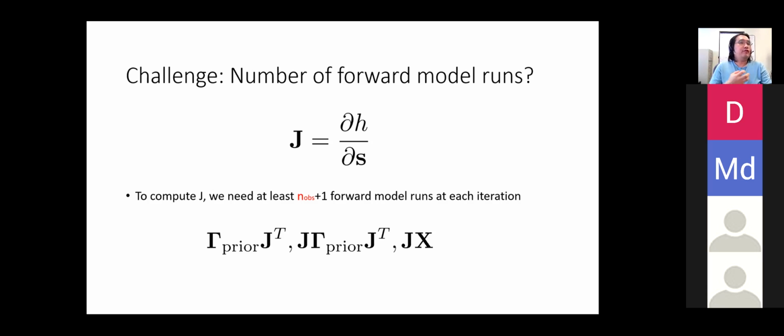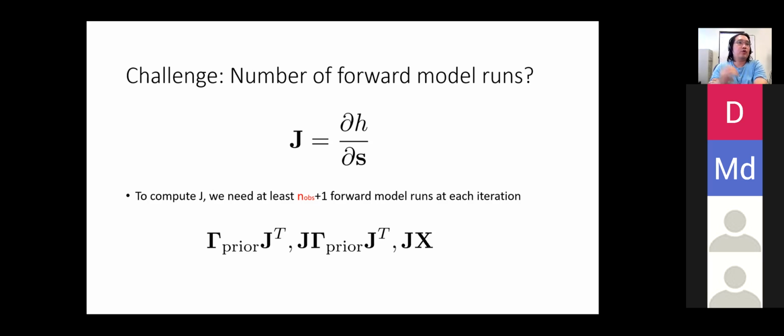Even if you have a really efficient forward modeling Jacobian construction solver, the so-called adjoint state method, it usually requires, for one iteration, the number of observations plus one numerical model runs. You have to do that.